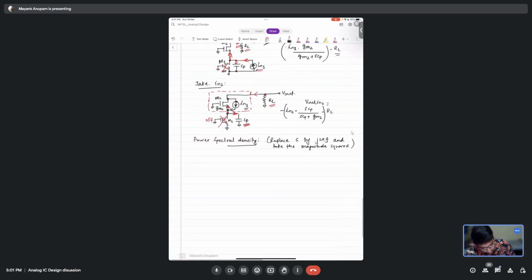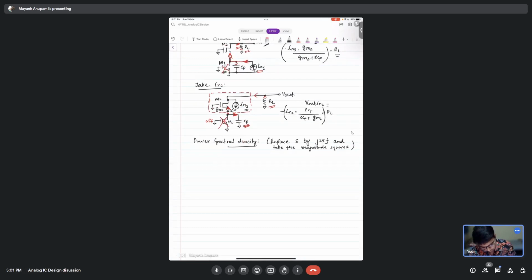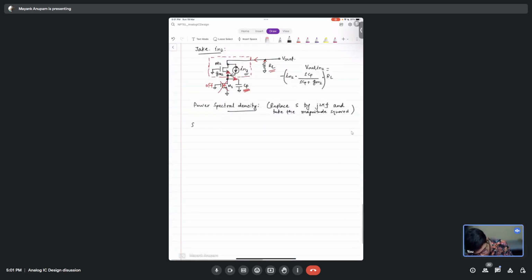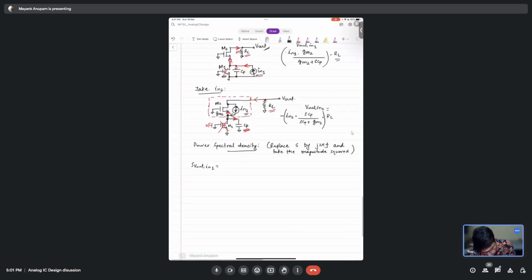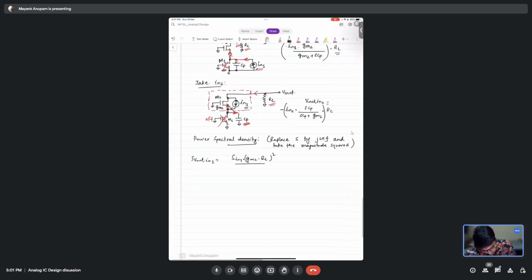Okay, so everyone understood whatever I just wrote? Yes. So SV out due to IN1 is SIN1 times GM2 divided by... into RL, the whole square, divided by GM2 plus 2πf CP, whole square. This is square and again the whole square.